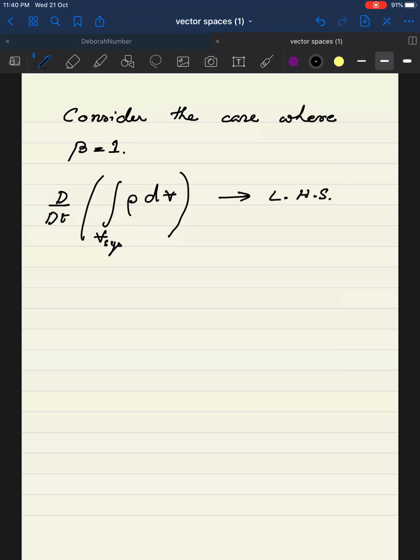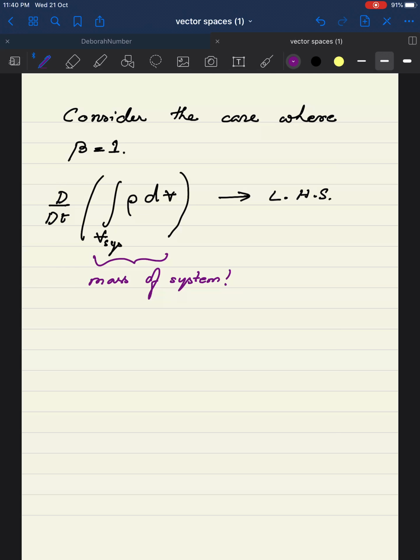What is this quantity? What is the integral of rho dV? Just give it a minute. Think about it. This is nothing but the mass of the system.